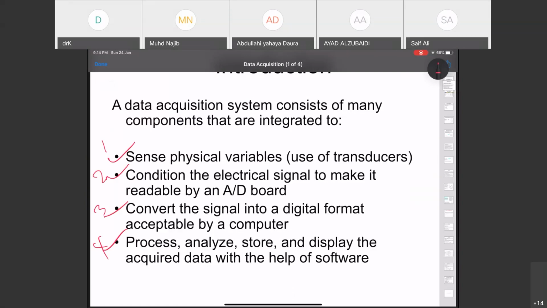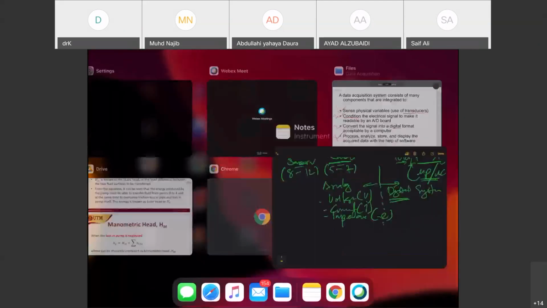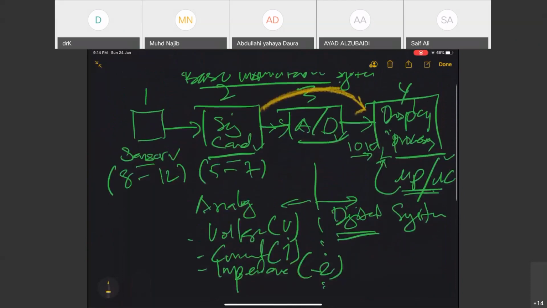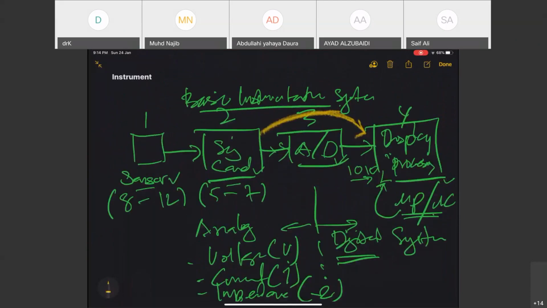The first one is the transducer. The second one is the signal conditioner. The third one is convert to digital. The last one is process and analyze. This is represented by these 1, 2, 3, and 4.